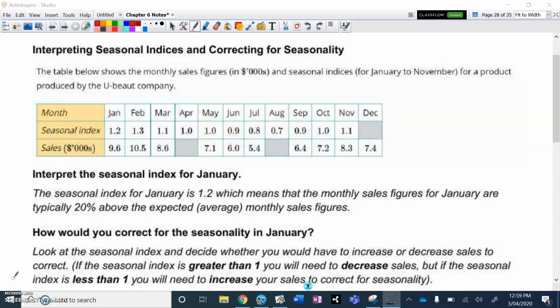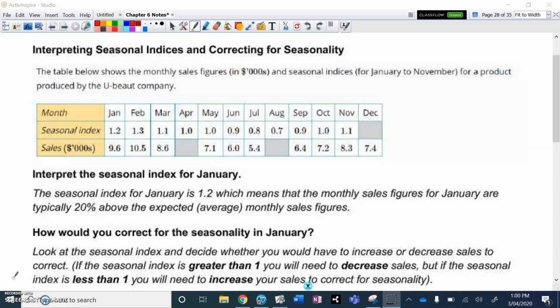Anything below 1 means typically the sales figures are below average. So something like July, with a seasonal index of 0.8, would mean that typically sales for July are 20% below average monthly sales figures. Something like August, a seasonal index of 0.7, means sales figures for August are typically 30% below average monthly sales figures.